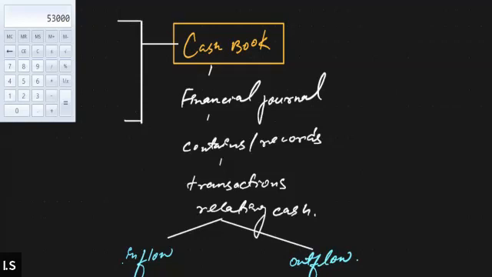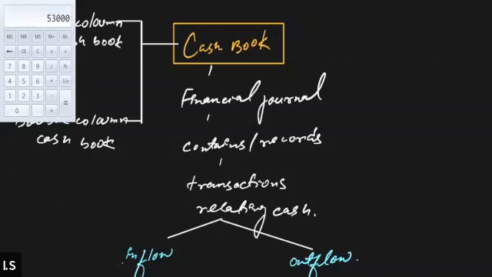So cash book are of two types, single column and double column.